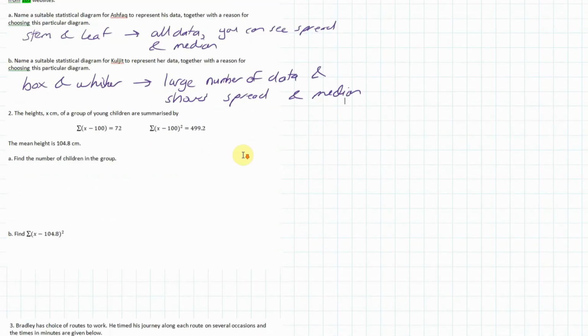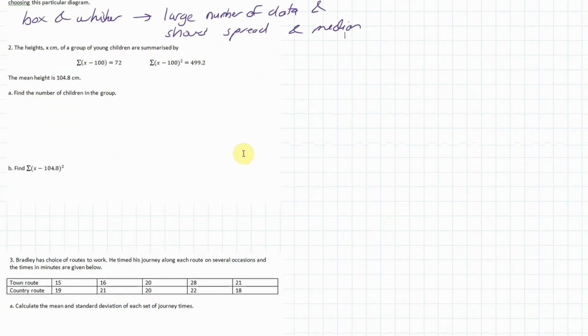This next one is a question from a past exam. It's a coding question, which is one of the things students often find difficult, so let's see what we can make of this. The heights, x centimeters, of a group of young children are summarized by this.